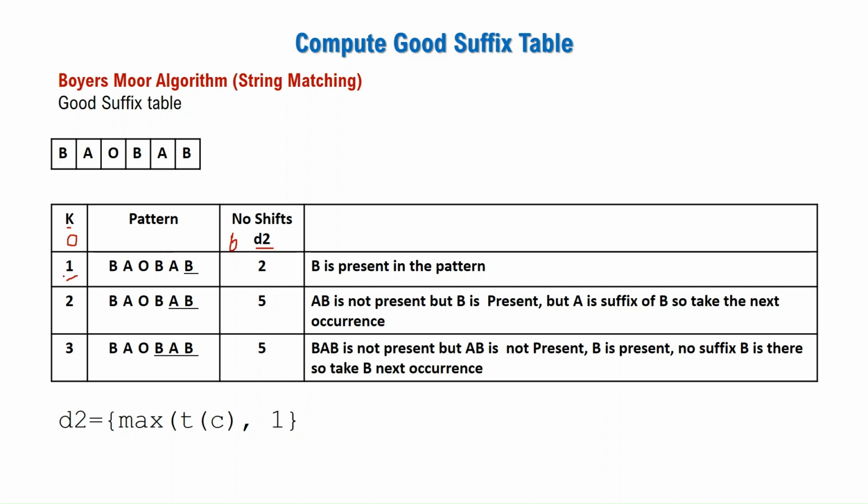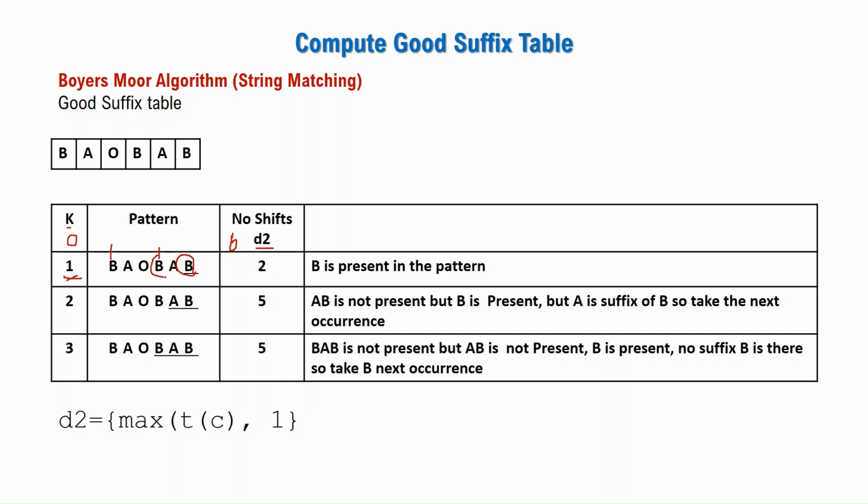Now your K, which means one character is matched, then what is the value of D2? One character is matched, so observe whether this B is repeated in the given pattern or not. Is this B repeated anywhere in the given pattern? Yes, B is repeated. Where? Here B is repeated and here B is repeated. What is the least occurrence of this B from right to left?